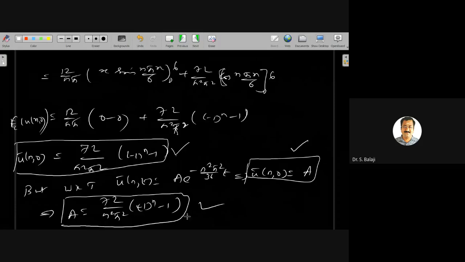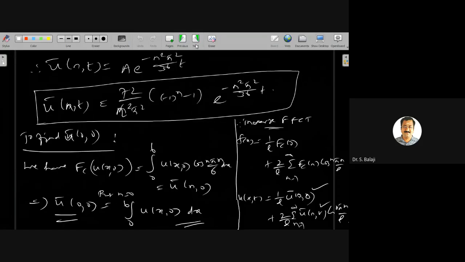Right, this is A. So substitute A here in u bar of (n, t): u bar of (n, t) equals A e power minus n square pi square by 36 t, where A is 72 by n square pi square into (minus 1)^n minus 1.